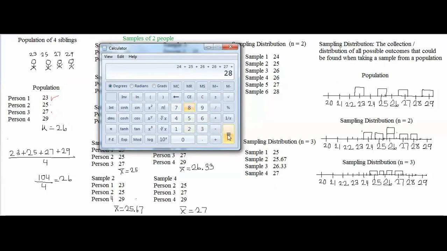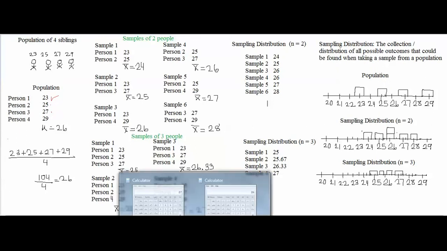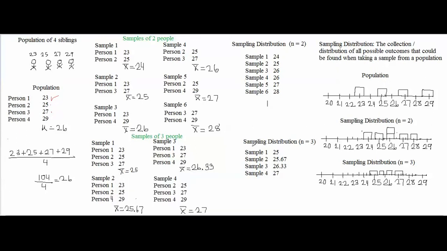The total of the 6 numbers in here is 156. When we divide that by 6, we get 26. So the mean of these 6 numbers in here is 26, which is the same as the mean of the population.